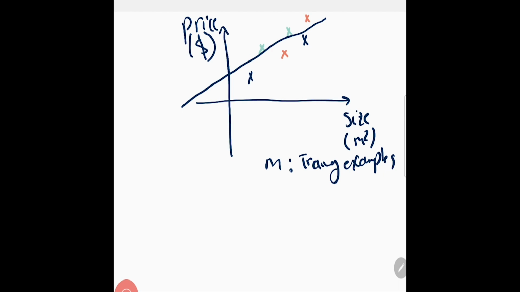And we also have some inputs, which happens to be the size of the house right now. So we have inputs, and we're gonna denote that by x, which is the global symbol for any input of any equation or any function. So we're gonna call that input.